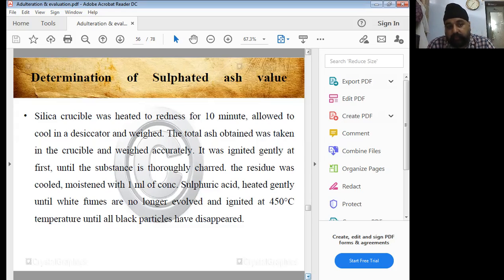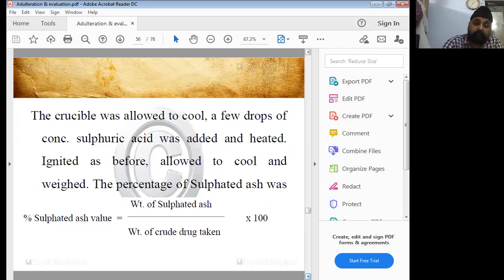The residue is cooled, moistened with 1 ml of sulfuric acid, heated gently until white fumes are no longer evolved, and then ignited at 450 degrees centigrade until black particles have disappeared. Then the crucible is allowed to cool. A few drops of concentrated sulfuric acid are added, and it is heated and ignited as before, and allowed to cool. The percentage of sulfated ash will be the weight of the ash left divided by the weight of the crude drug taken, multiplied by 100.